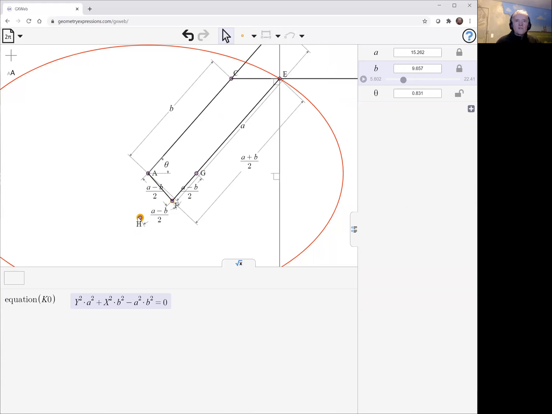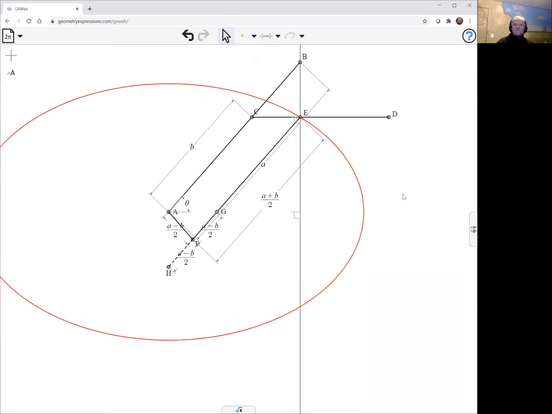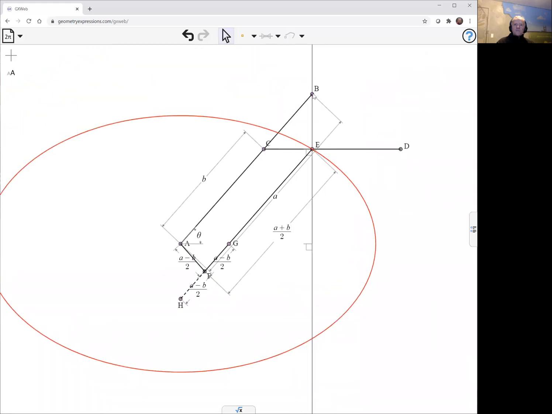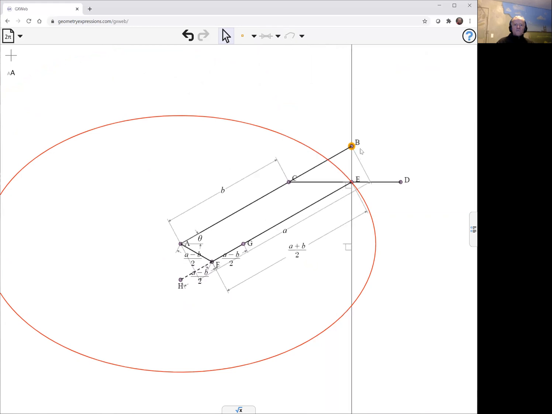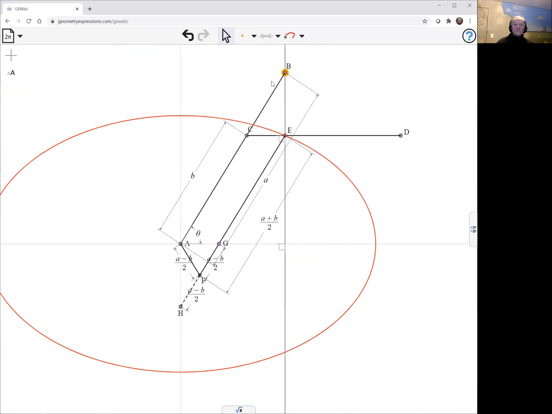Now point H is not actually lying on the line, so we have to make that happen using our incidence constraint. Now under these two specific points, as we move our mechanism, we see that they in fact move along the axes.